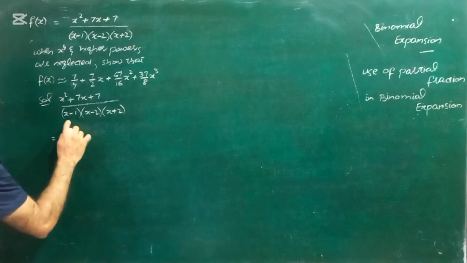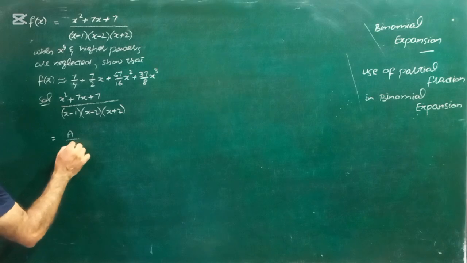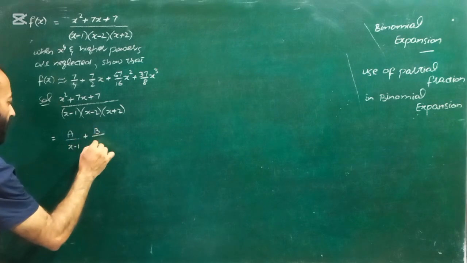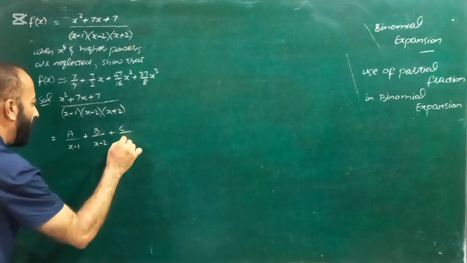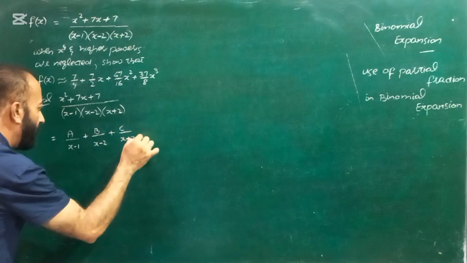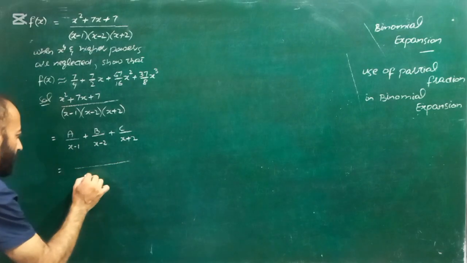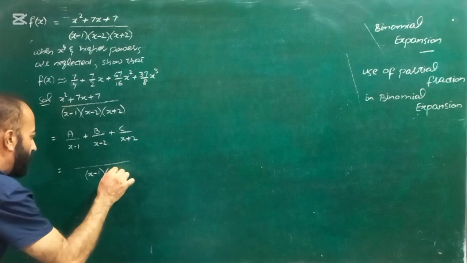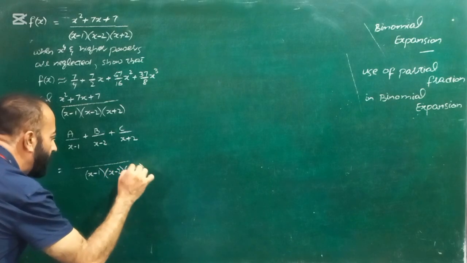so these are linear expressions. So a over x minus 1 plus b over x minus 2 plus c over x plus 2. So taking the LCM of this expression, x minus 1 into x minus 2 into x plus 2 is the LCM.